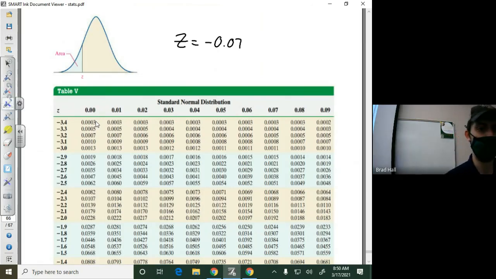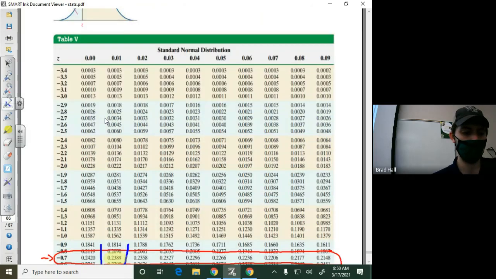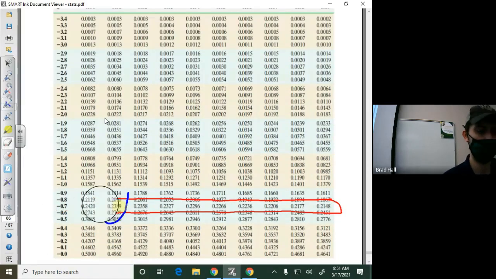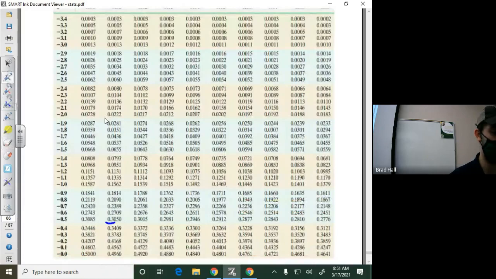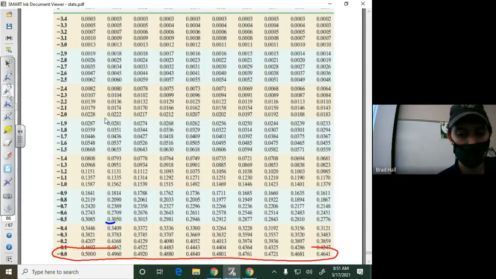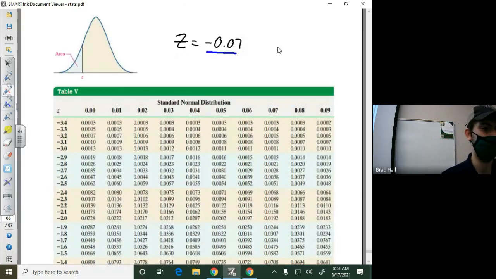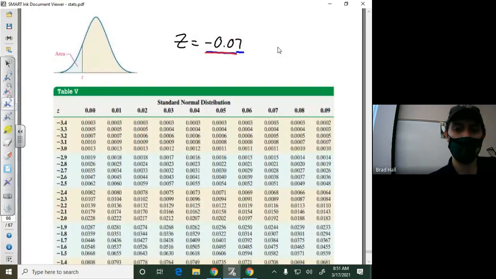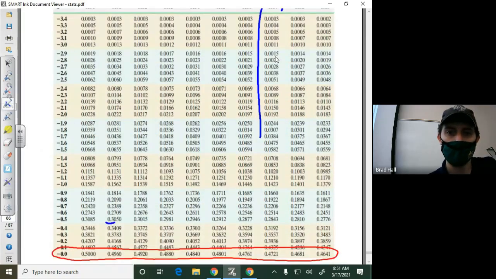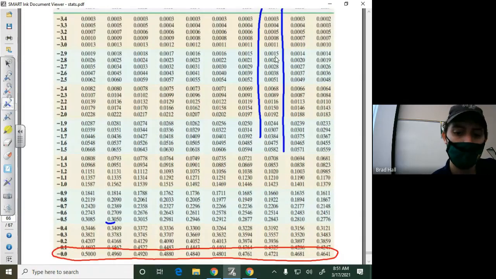So we start off with the first two digits, negative 0.0, which is all the way at the bottom here. Negative 0.0, and then 7 is the next one. We should highlight that in red. This one in blue, which tells us we are looking at this column right here.